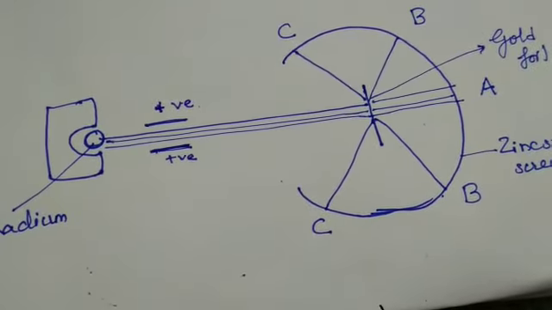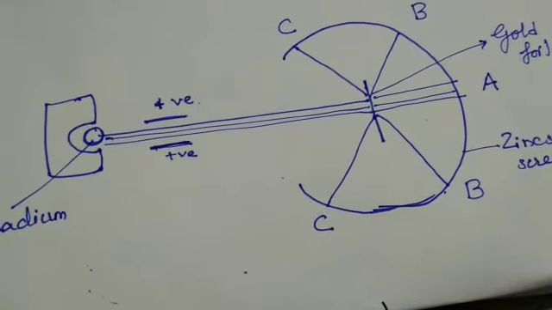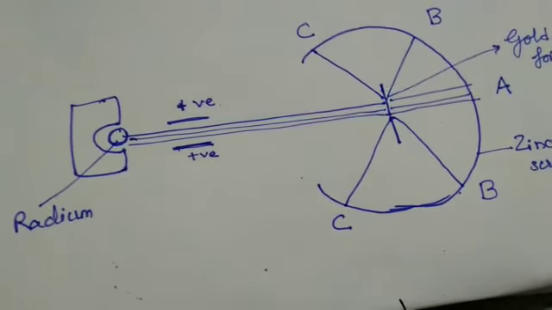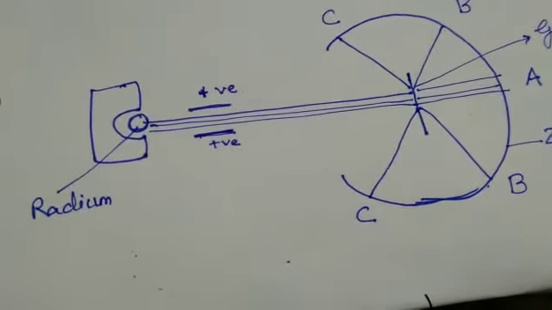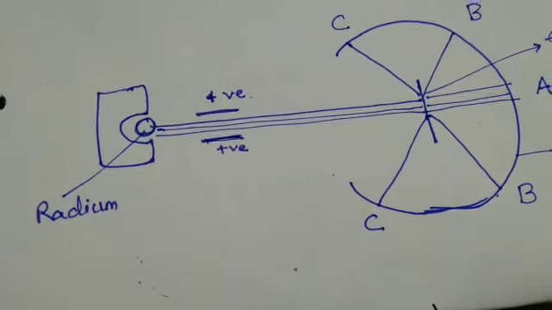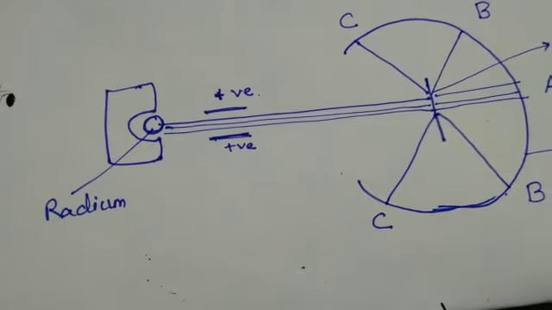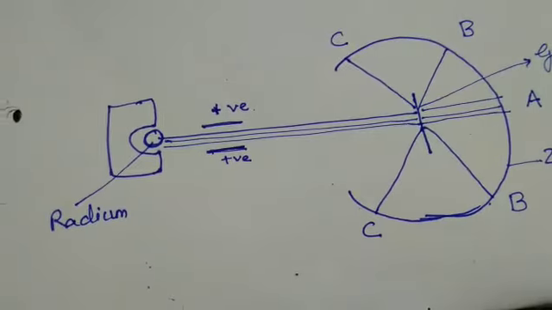But some particles were deflected back, meaning they turned their path and moved towards the source from where they were produced. That means they struck directly into the nucleus where the positive charge was concentrated.